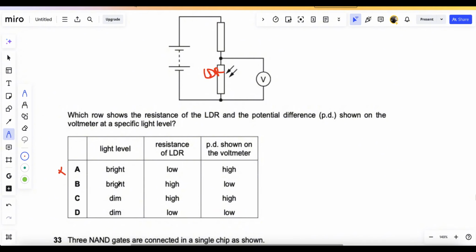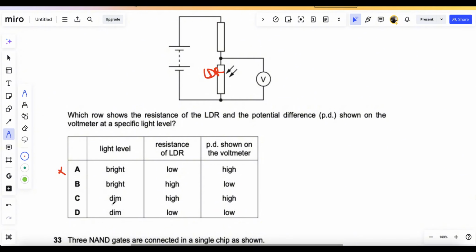You say when the light level is bright, the resistance will be high and the voltage will be low. That's wrong. If light is bright and you say this one is high, then this one will be the other way around.